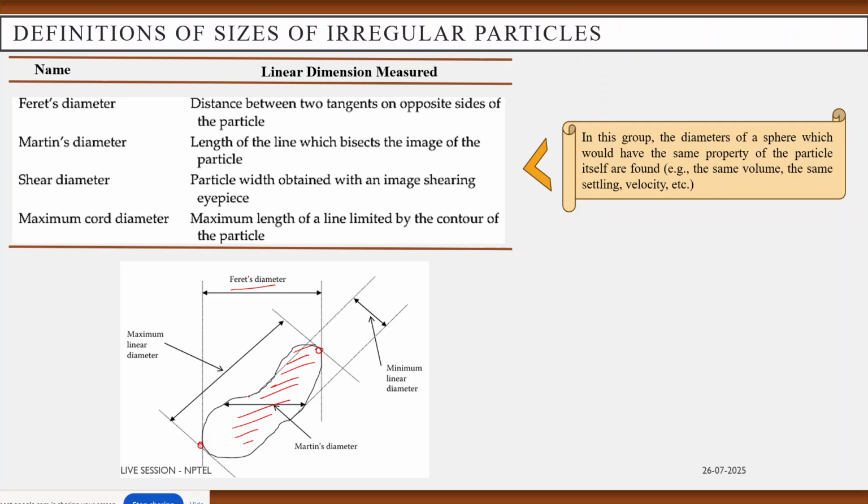For Martin's diameter, it calculates the linear dimension by bisecting the image into two parts, and the linear dimension measured is known as the Martin diameter. Similarly, the shear diameter is not shown here, but it refers to an optical microscope.